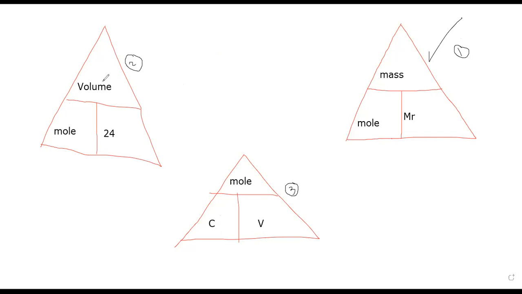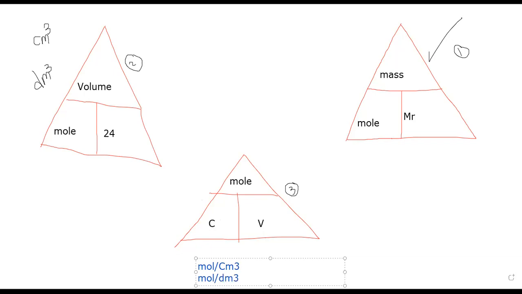How do you know there is a volume? The examiner will give you a question in cubic centimeter or in cubic decimeter. Once you see a cubic centimeter or a cubic decimeter, this is the volume. How do you know there is a concentration? It will be in the question as mole per cubic centimeter or mole per cubic decimeter.